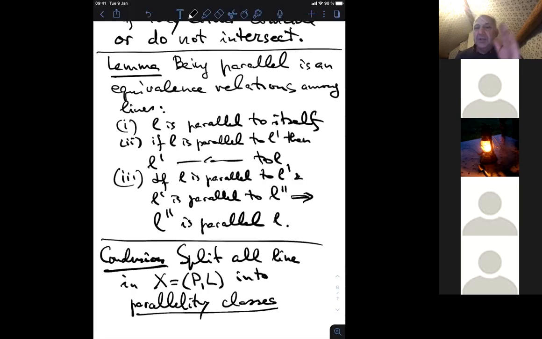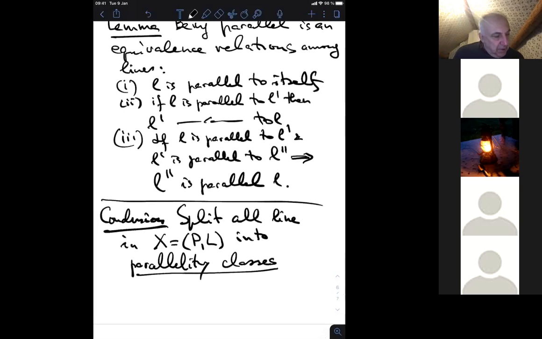So we split all lines into classes of lines pairwise parallel to each other.